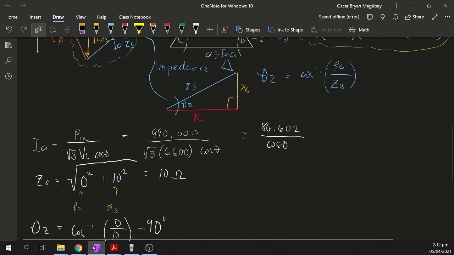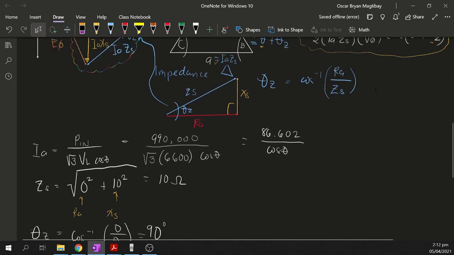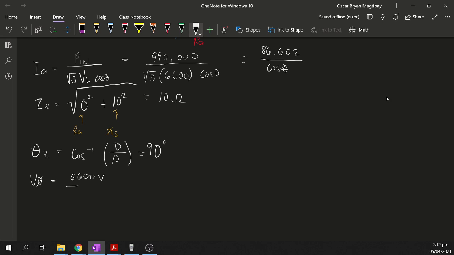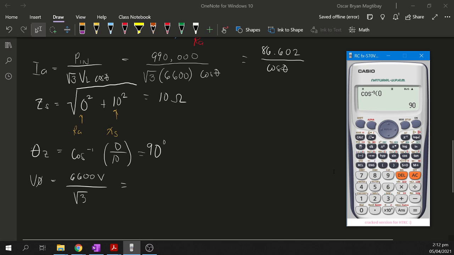So, we have IA, we have ZS. Ano pa bang kailangan natin? V-phase. Kailangan natin si V-phase. V-phase is equal to 6,600 volts over square root of 3. So, this is equal now to what? To 6,600 divided by square root of 3.